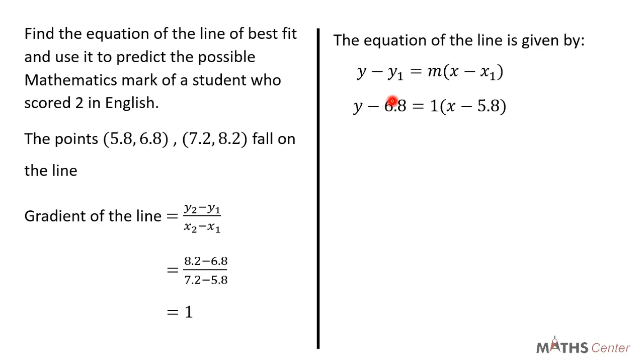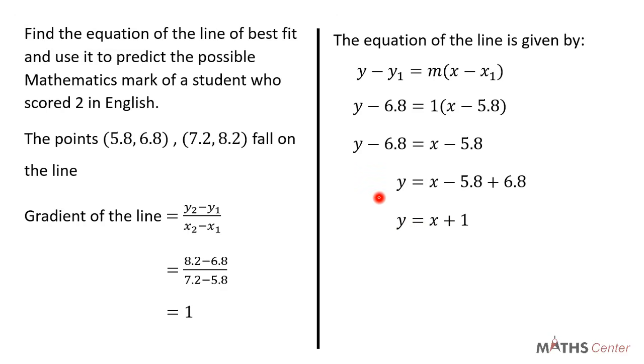When we substitute, we have y minus 6.8 is equal to 1 into bracket x minus 5.8. This gives us y minus 6.8 is equal to x minus 5.8. I'll move negative 6.8 to the right hand side. This gives us y is equal to x minus 5.8 plus 6.8, and this gives us y is equal to x plus 1. So the equation of the line of best fit is y is equal to x plus 1.